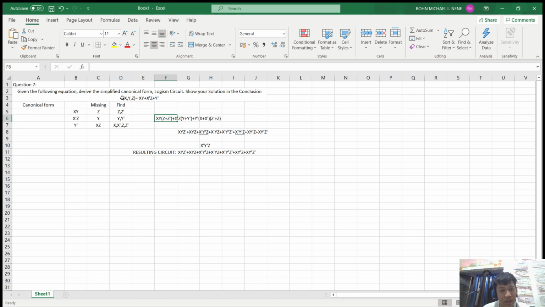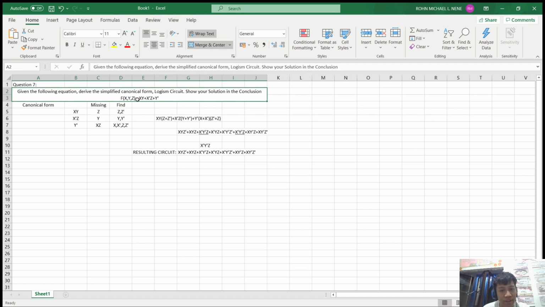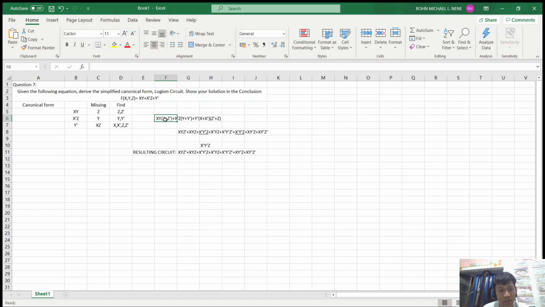To combine the terms in the given equation, we will have this equation: x y (z plus z prime) plus x prime z (y plus y prime), and then y prime (x plus x prime), and then x prime plus z.